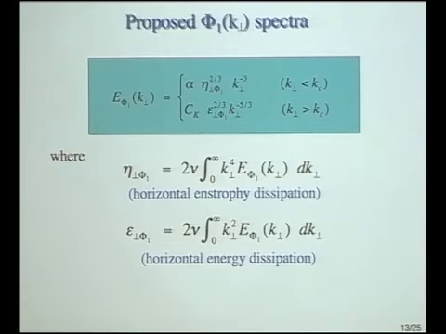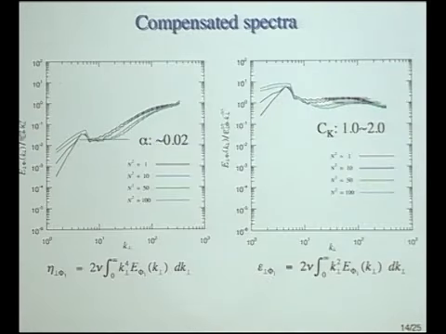While for the higher wave number part, the small scales, we have Kolmogorov type scaling, but the energy dissipation should be calculated from the horizontal energy dissipation.